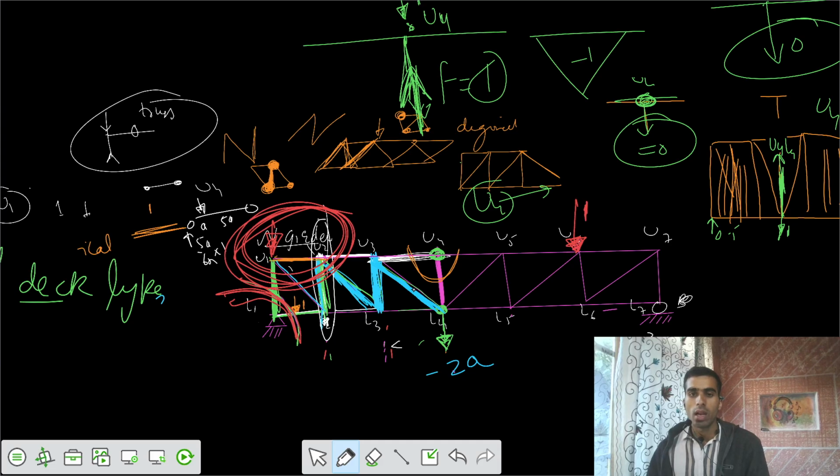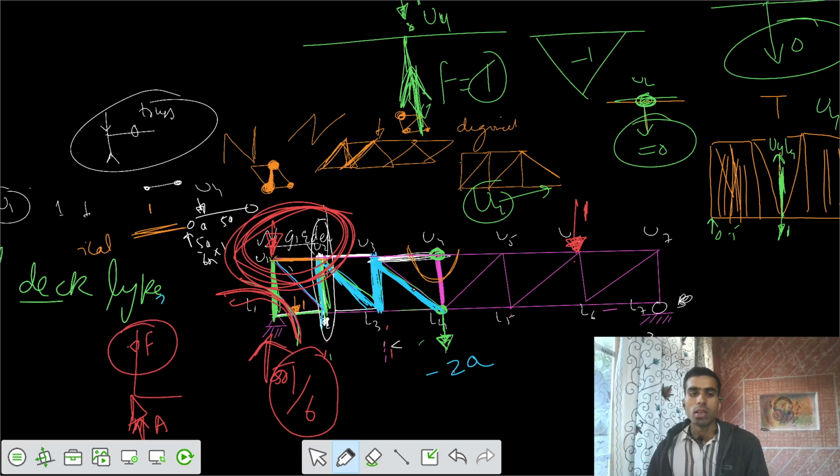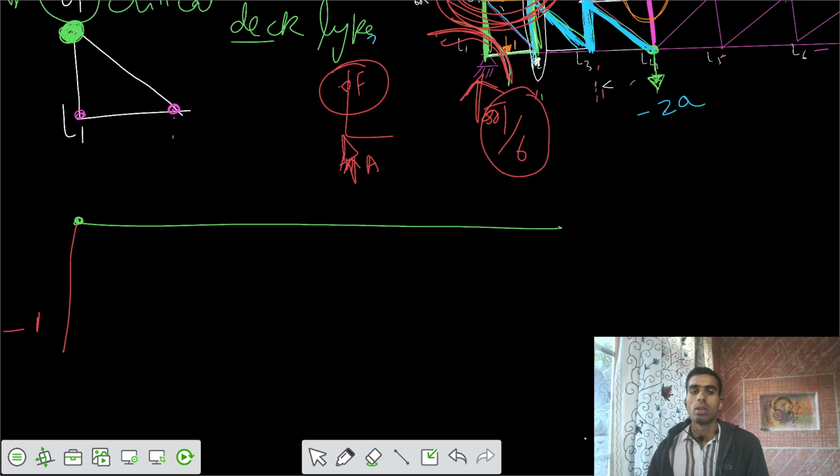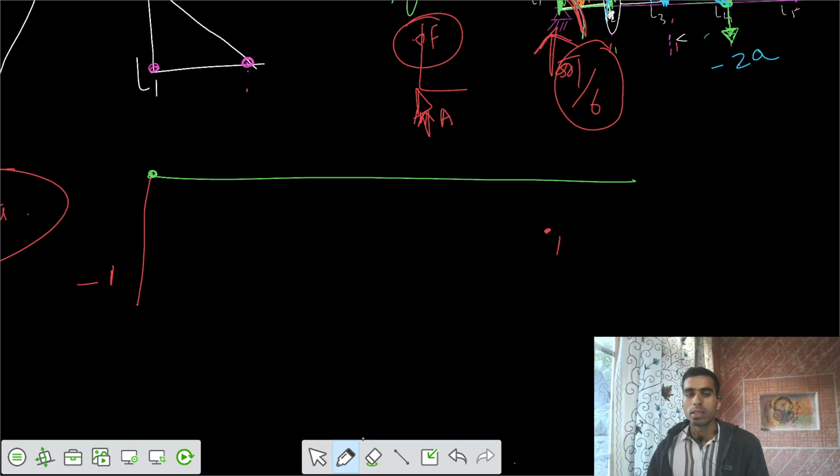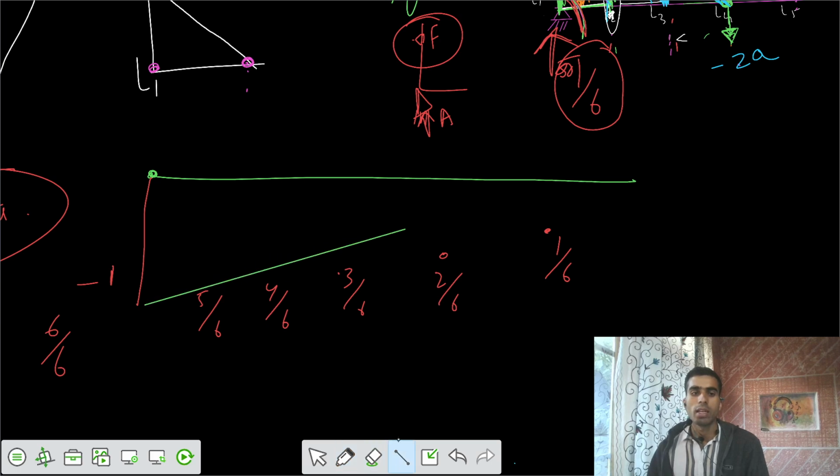I only care about the section that has some reaction A here and some force F. The reaction at support A would be 1/6, and that same value would be negative times the force in the member U1L1. So here the value would be 1/6, here 2/6, here 3/6, 4/6, 5/6, and 6/6, such that its value equals 1. Then I join that by a straight line. That's the negative of reaction A.